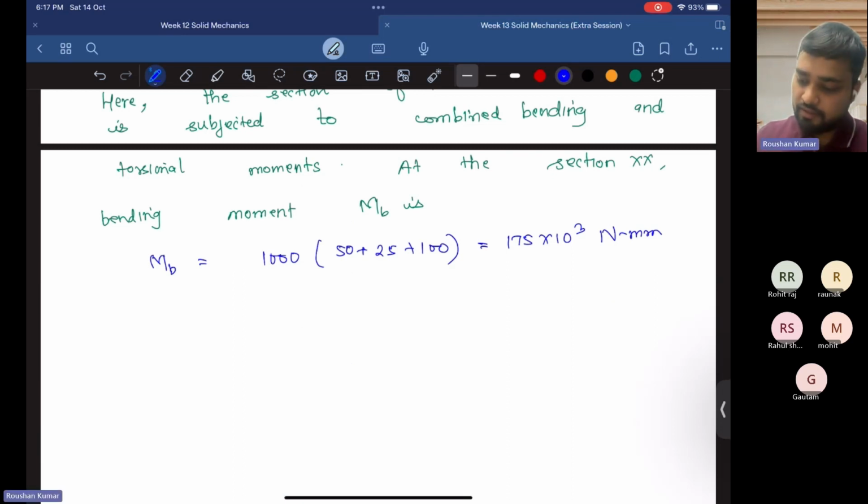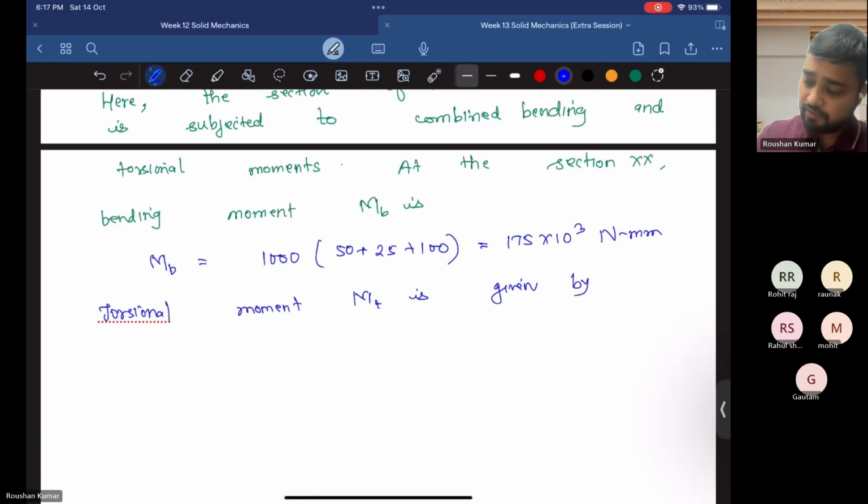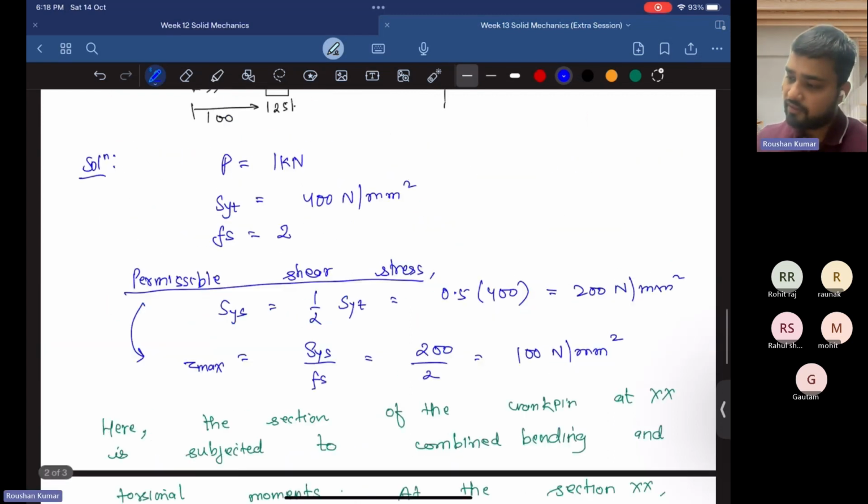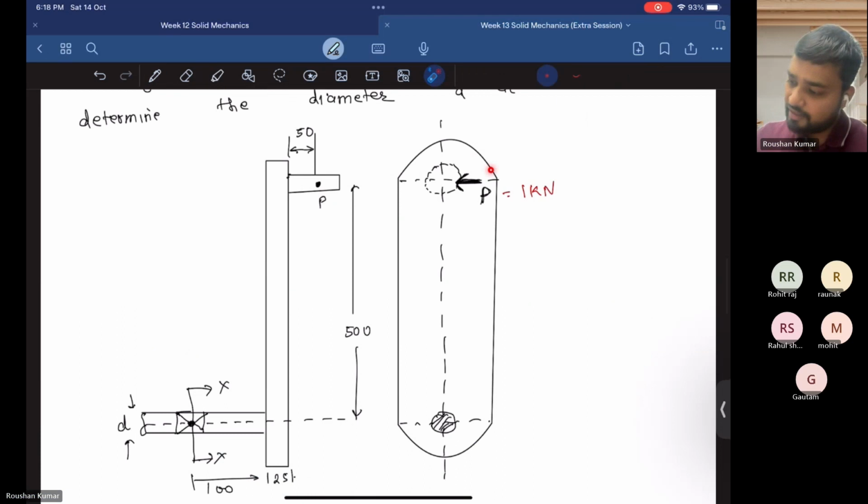Now the torsional moment MT is given by, you can see in this figure again that this is the load and this is the perpendicular distance from where it induces some torque about this axis. So we have to find that torque.